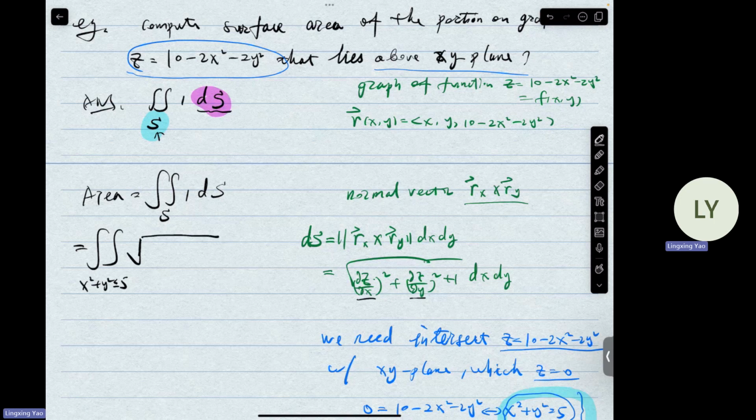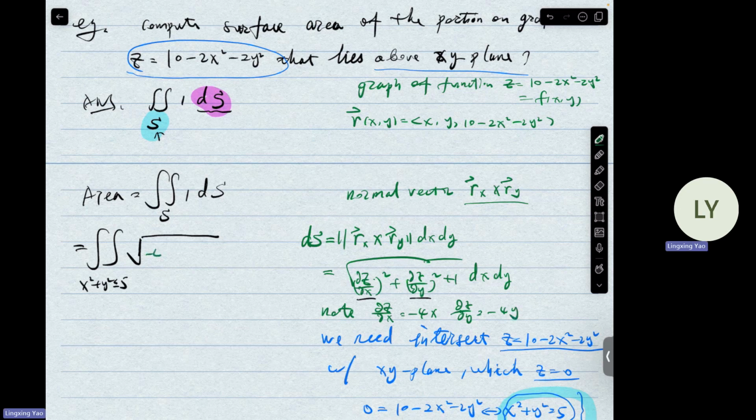What is partial z partial x? Note, partial z partial x is negative 4x. Partial z partial y is negative 4y, right?